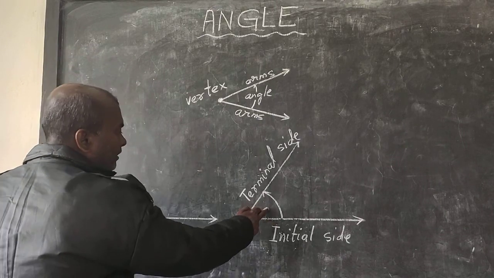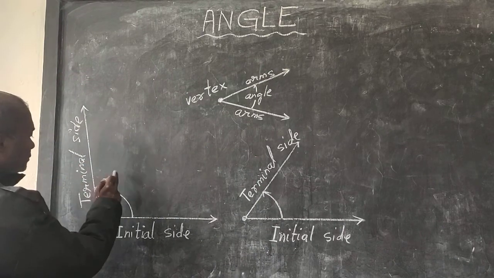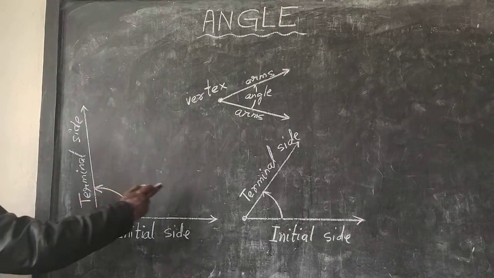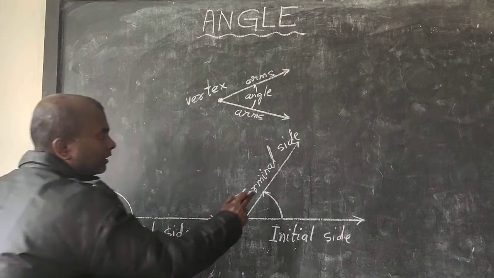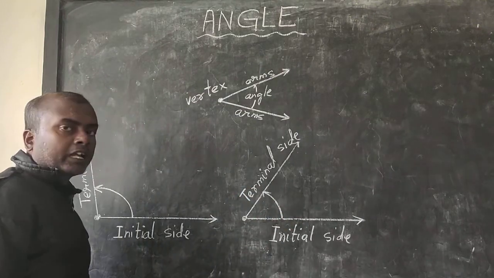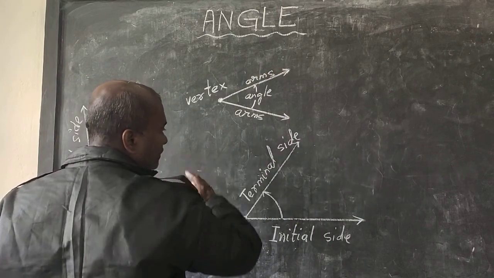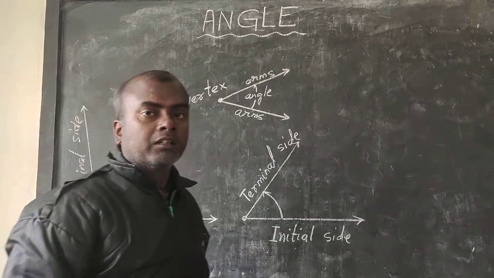Like this particular angle, the value may be lesser compared to this particular angle. Now in this one you see this terminal side has moved quite a bit, more than this. So the gap is more in this case compared to this particular angle. So more is the gap, more will the terminal side rotate, more will be the value of the angle.